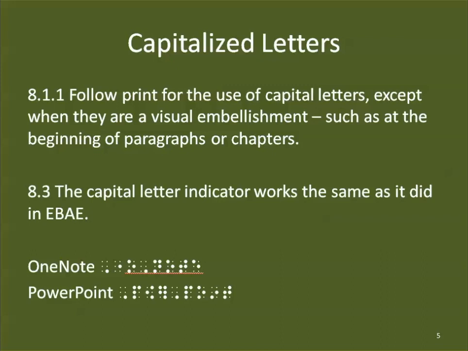So we have one note, and there you can see why we are no longer using the contraction for ATION anymore, because in today's world we could very easily have a capital N, and now in UEB it means only capital N, so no confusion. And then PowerPoint, same thing, just put a capital indicator where it's needed.